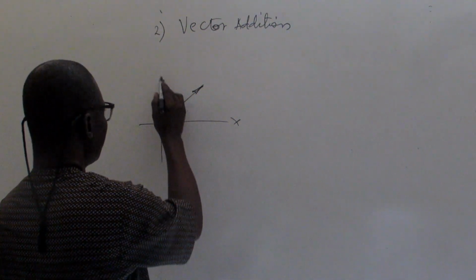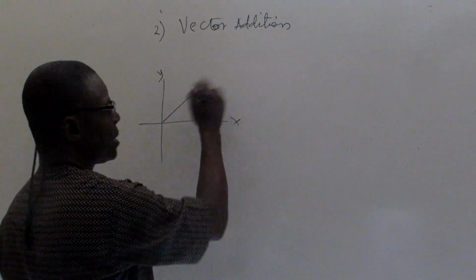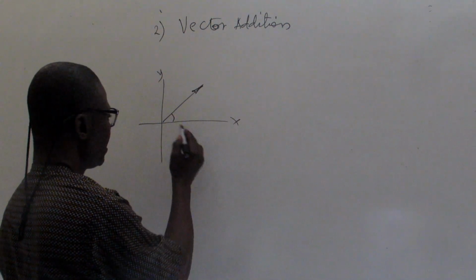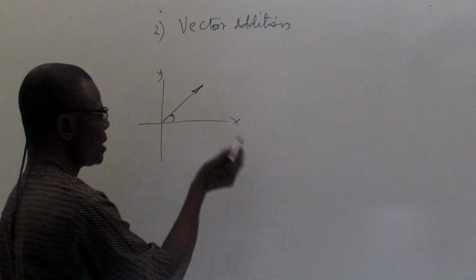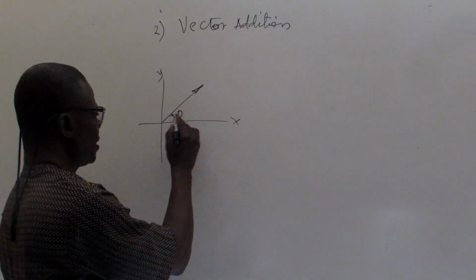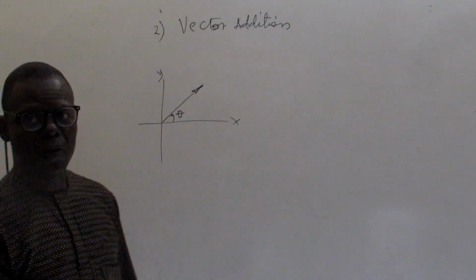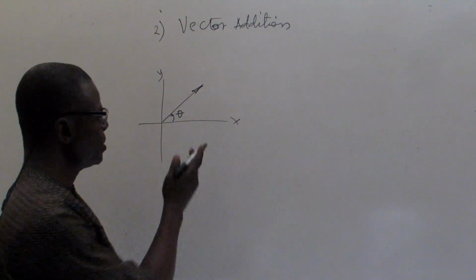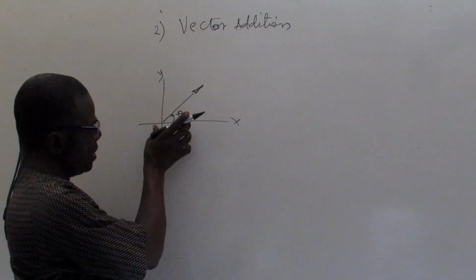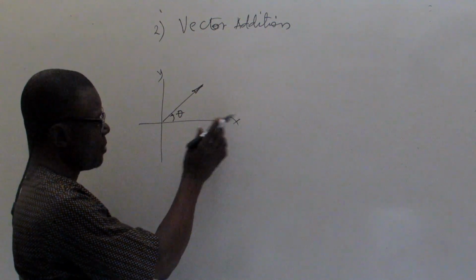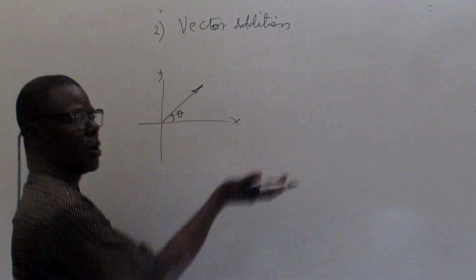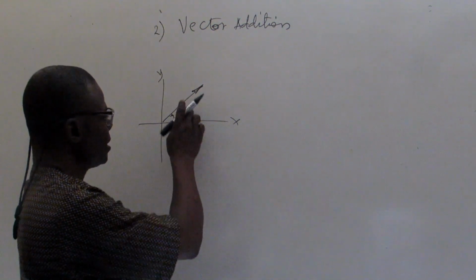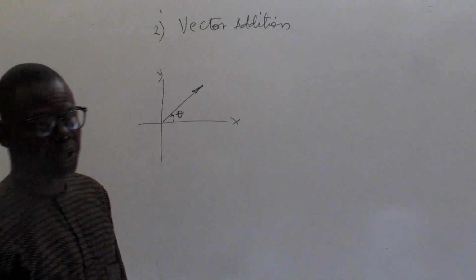If this is our x and this is our y, the angle here, measured counterclockwise, gives the direction of the vector. The length represents the magnitude. From a reference point, which is this horizontal, measure counterclockwise. It gives you its direction.